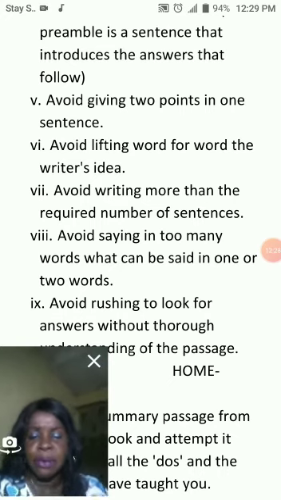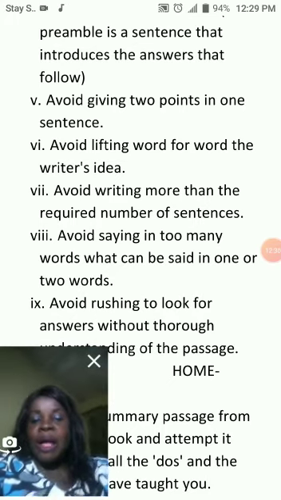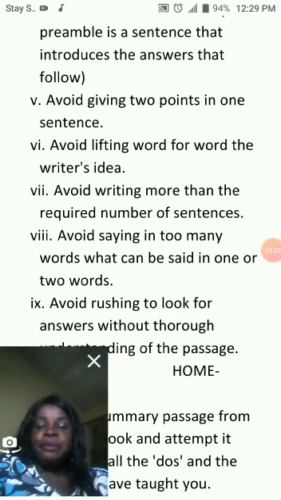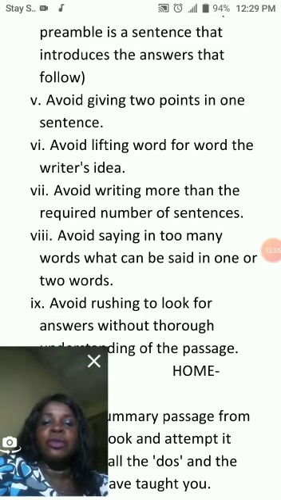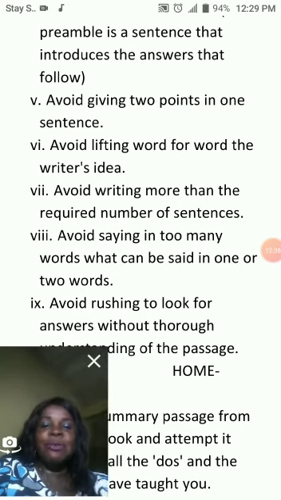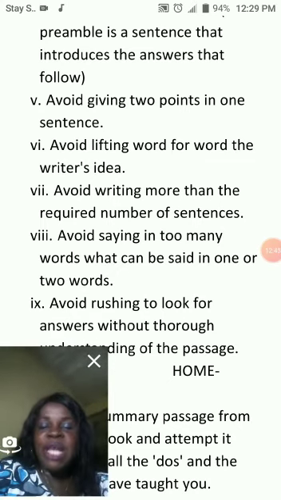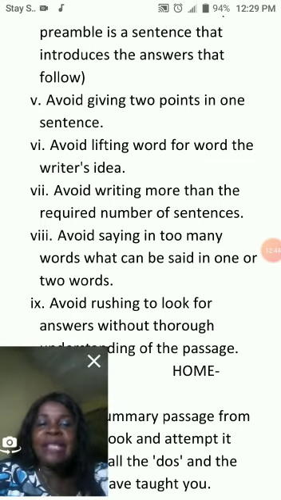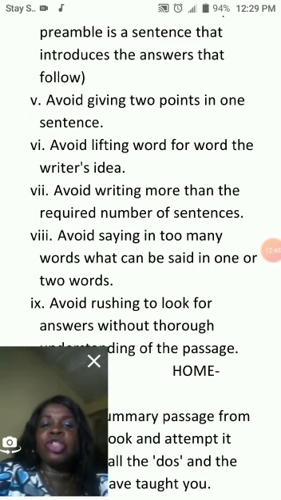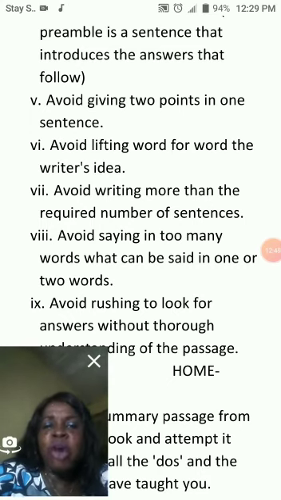Let me give you an example. The farmer plants cassava, maize, cocoyam in the month of June. And they ask you, what does the farmer plant in the month of June? Now you repeat, the farmer plants cassava, maize, cocoyam. Another student wrote, the farmer plants crops.